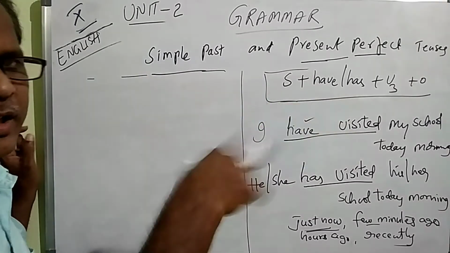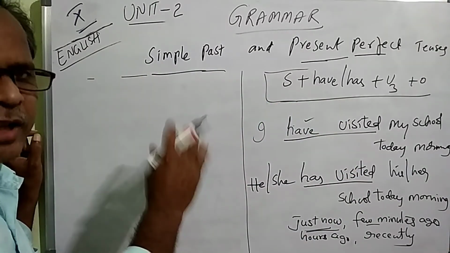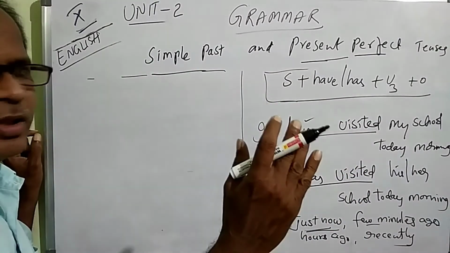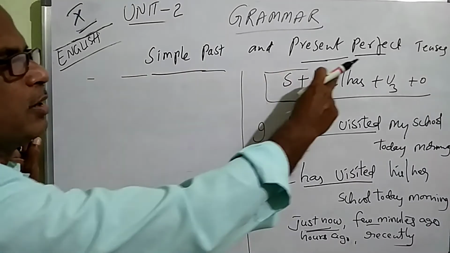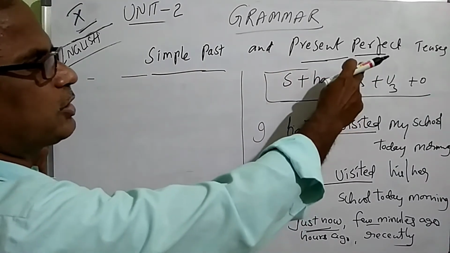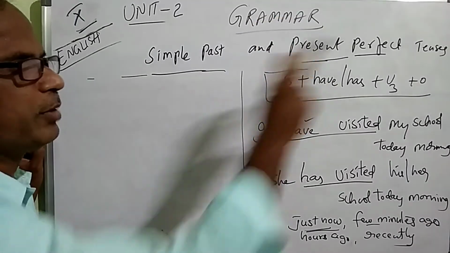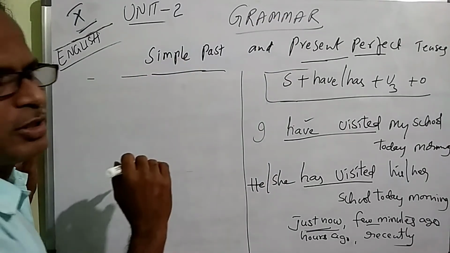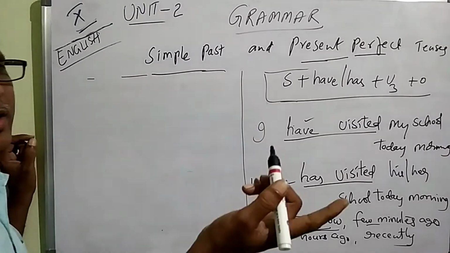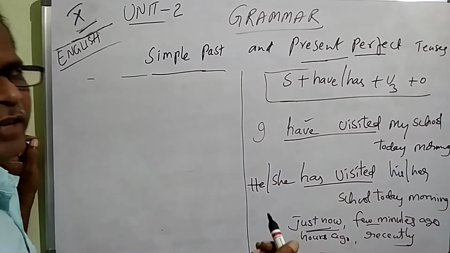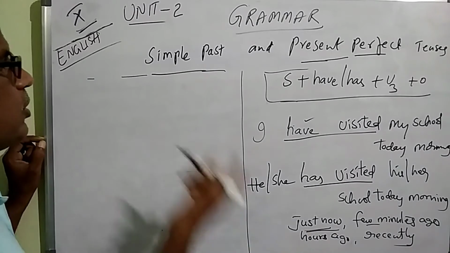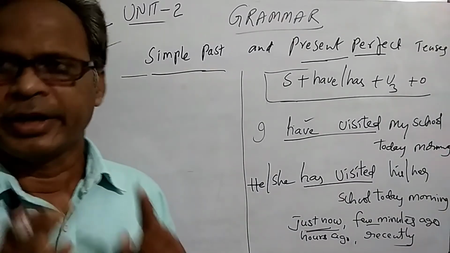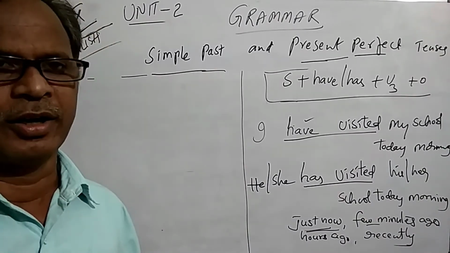You know the main tenses are three: present, past and future. Just now we have discussed the present perfect tense, the third one from the present tense, and next we go to the simple past tense, which is one of the past tenses. It is also called past indefinite tense. Simple past tense describes the action of the verb.